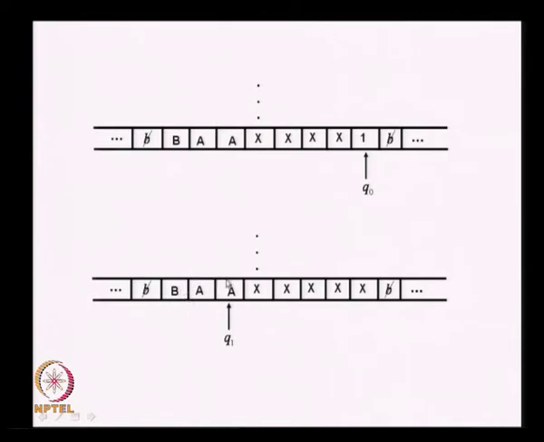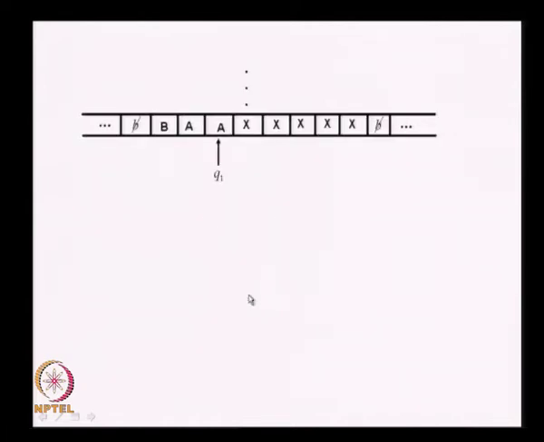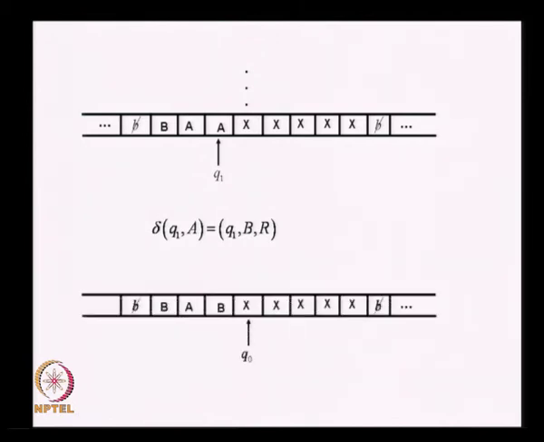Now you have the number 4 here, when it sees the a in state q1, it changes that into a b and starts moving right. It uses this move delta of q1a is equal to q1br, changes that into a b and starts moving right.